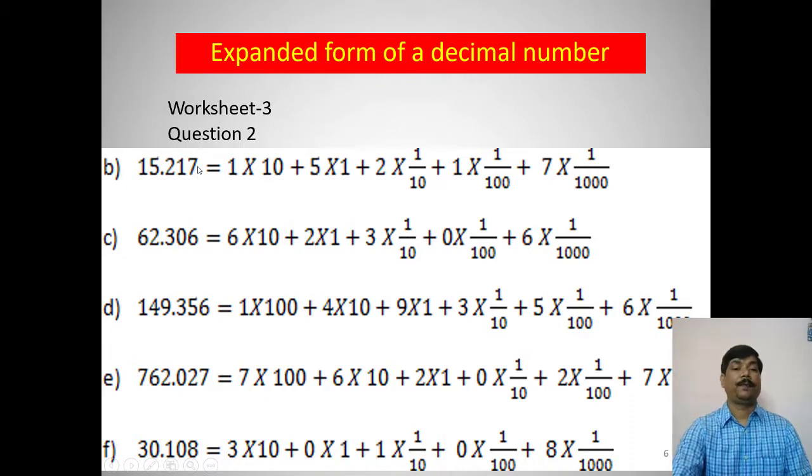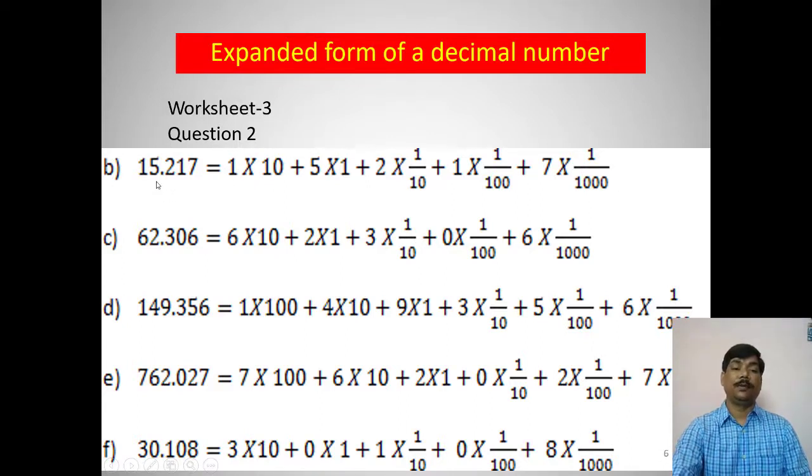This 7 is at the 1000th place, so we will multiply it by 1 upon 1000. These are the individual place values of each digit. When we add these values, this form is known as the expanded form.